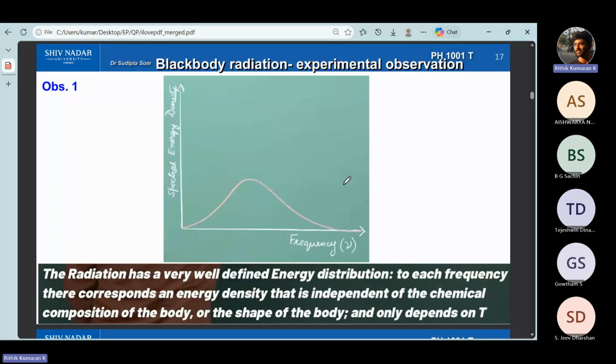There is no axis called the composition of the material. So the radiation from an object only depends on the temperature, as we saw before, and does not depend on the composition of the material. So that is the first observation we make here.